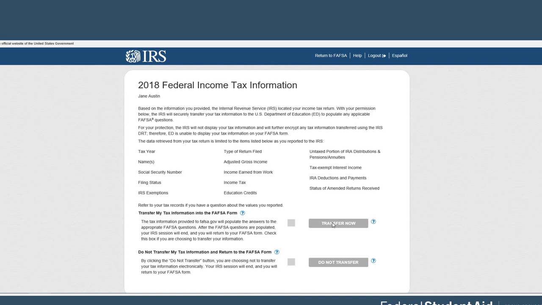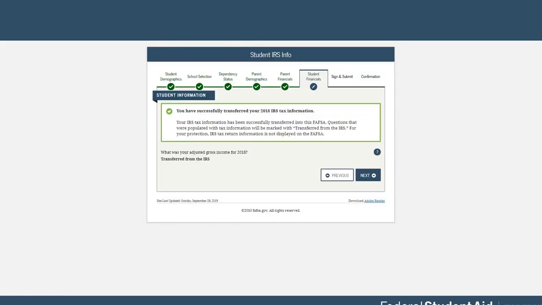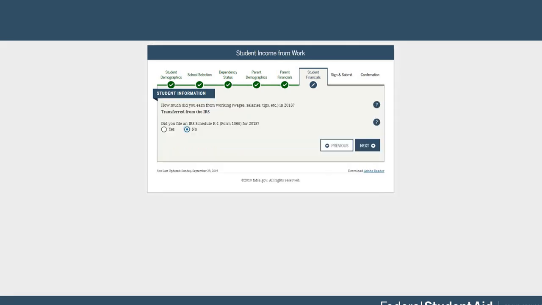Now we're going to try clicking on transfer now, but I believe it didn't work the last time. So we will at this point just move to the next slide, and that will take us to here. And at this point, if it worked, you will get this message: you have successfully transferred your 2018 IRS tax information. So now we're going to go on to the next slide.